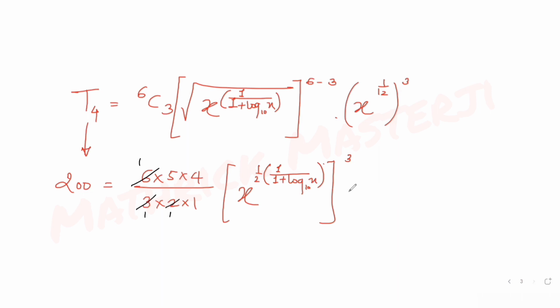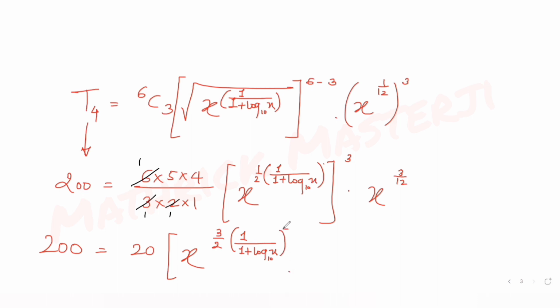And here you get 3 by 12, that is 1 by 4. So solving further, I get 20 here, this is 200, and this becomes x raised to 3 by 2 times 1 over 1 plus log x to the base 10, into x raised to 1 by 4.